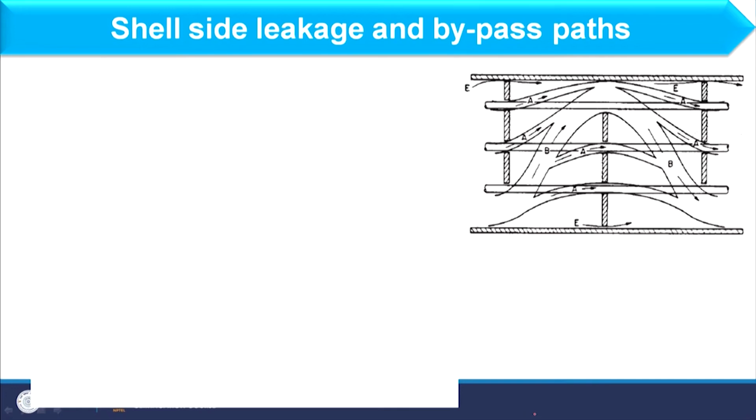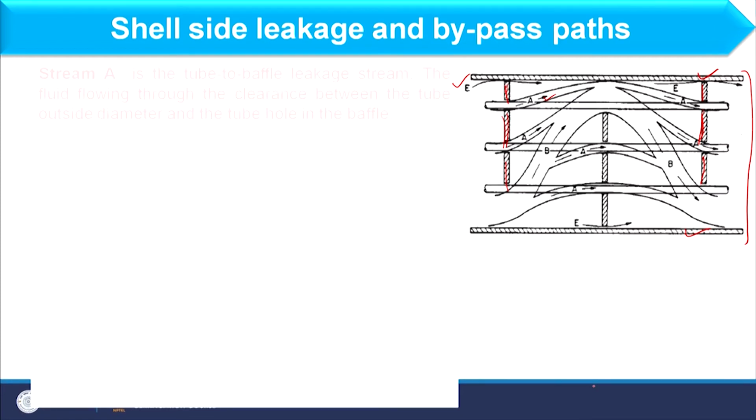Now, if you see, this is the schematic where this is the shell, and these sections are basically baffles, and we have different streams like E, A, B, and other streams also which are not shown over here, that I will discuss.